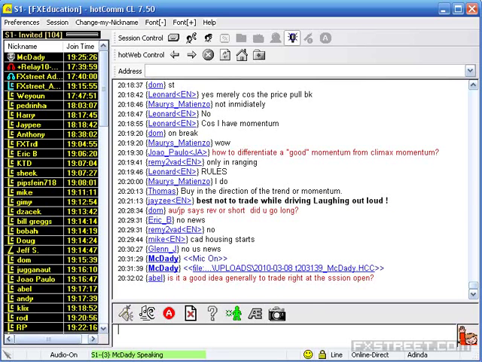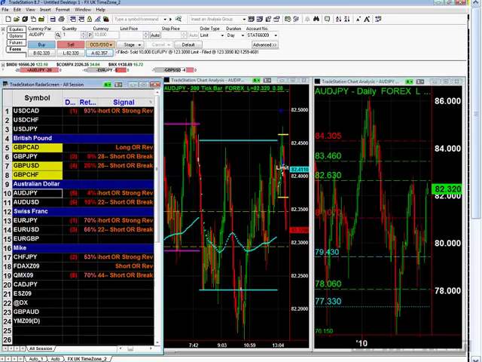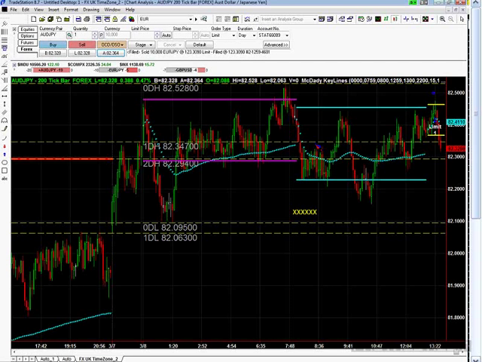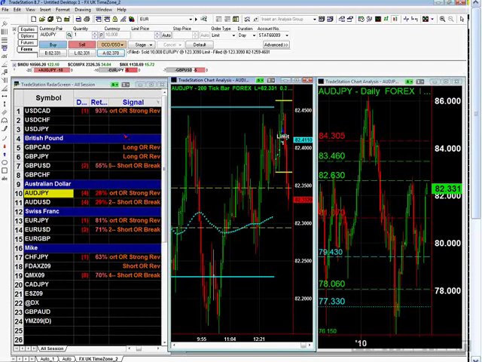Now this has reversed, guys. Look at this here. My stop is below this momentum high, which is below 82.29, I think. So if it gets below this, I'm just closing the trade. Okay, let's see what else we have. We have no signals. The dollar yen, no signals. The pound CAD, nothing.